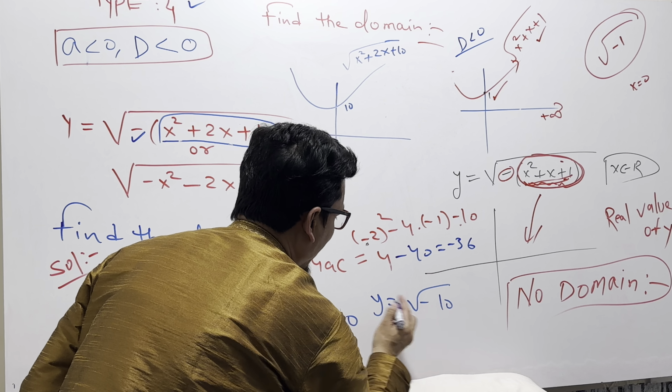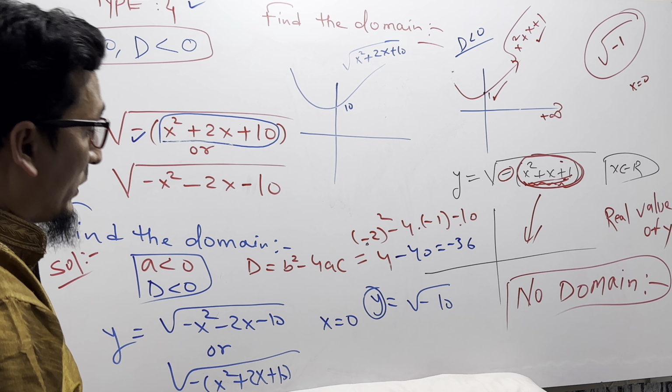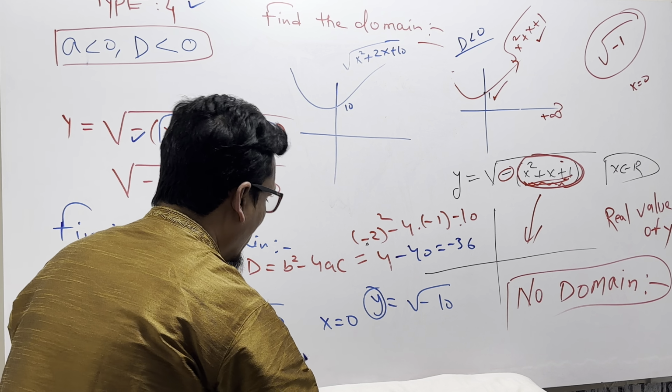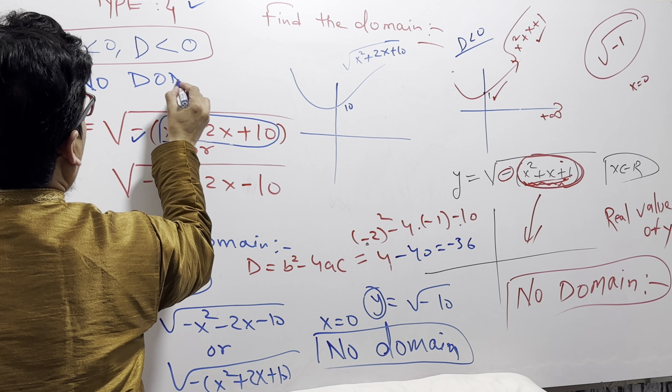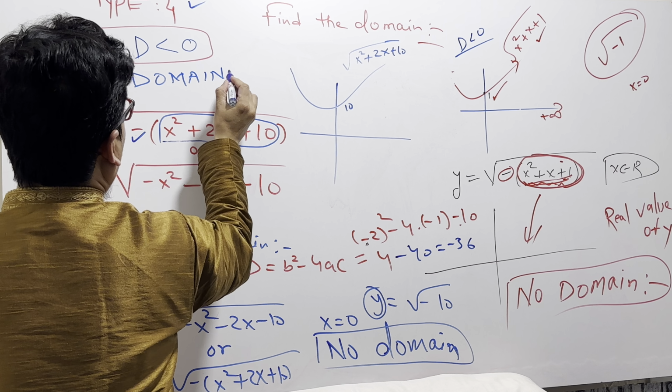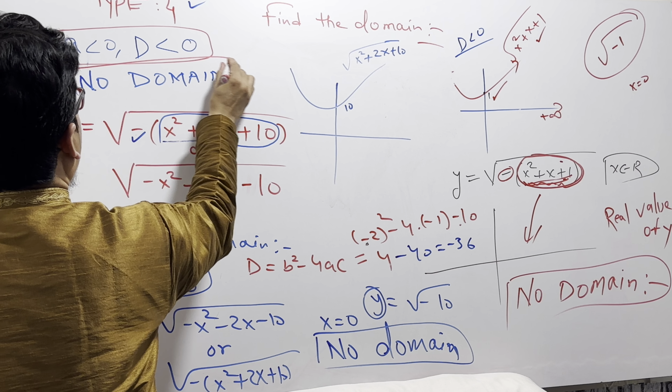So here we will say we cannot draw the graph, okay? Because for each and every value of x, this value is positive, and minus of positive is always negative. So the domain is nothing. You can say no domain. Right? So type 4 has no domain, meaning you cannot make any graph of type 4. So there is no domain.